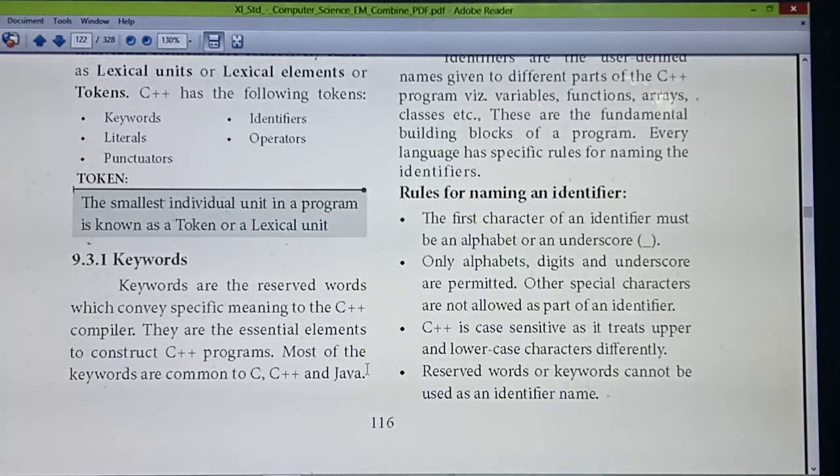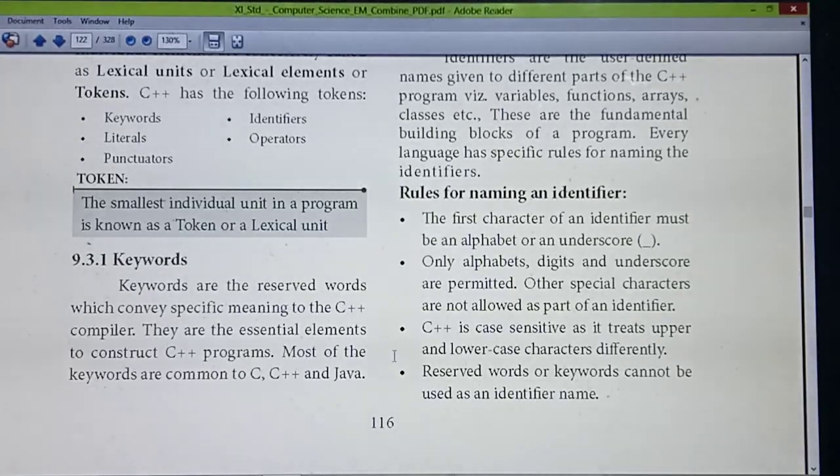Okay. Then 3-mark questions. First 3-mark question: describe the difference between keywords and identifiers. So from here, keywords and identifiers. Keywords, you mark from this paragraph: keywords are reserved words, the full paragraph till C++ and Java.